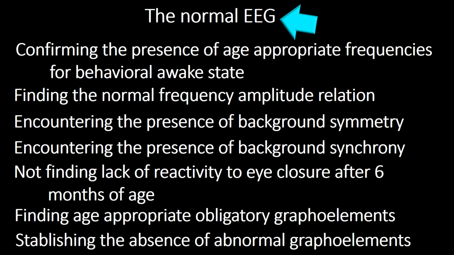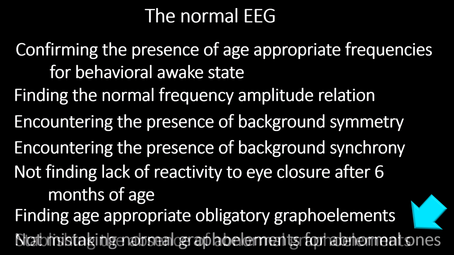A key point in declaring an EEG normal is to establish the absence of abnormal grapho elements. And for this purpose, not mistaking a normal grapho element for an abnormal one is paramount. This talk will address specifically this issue.